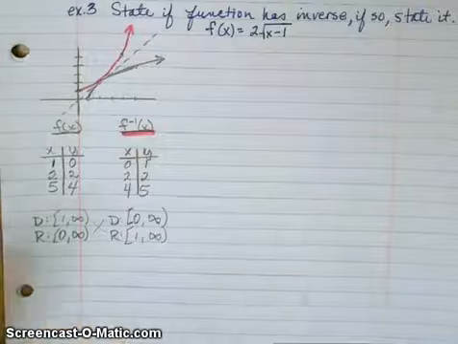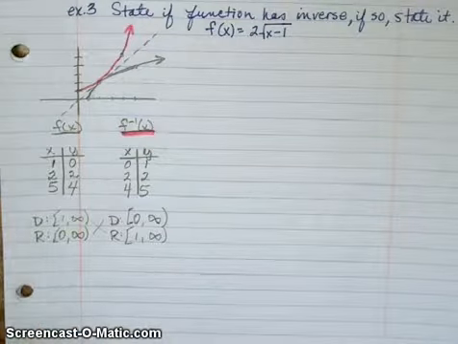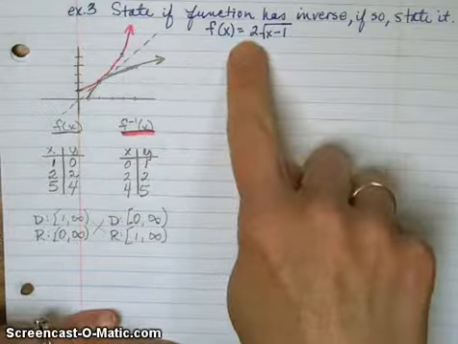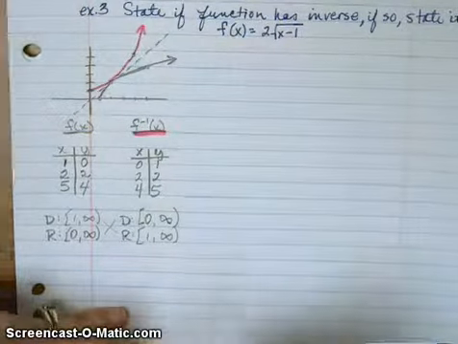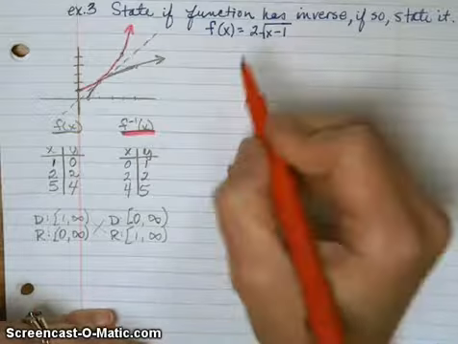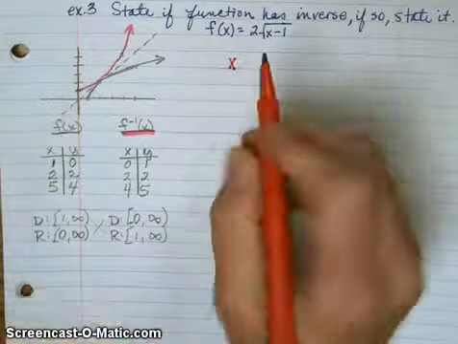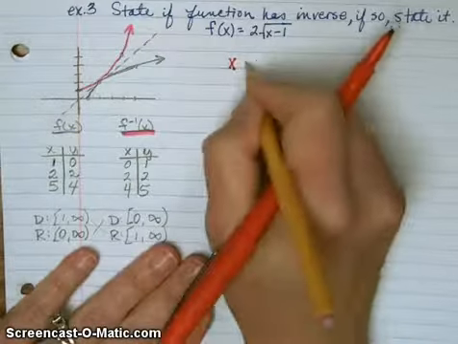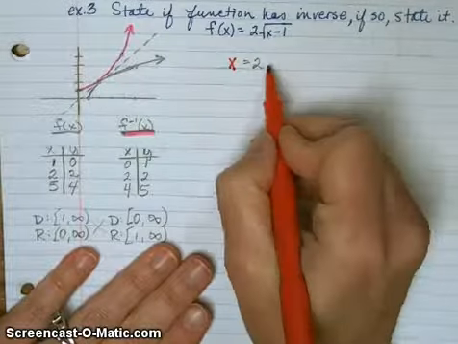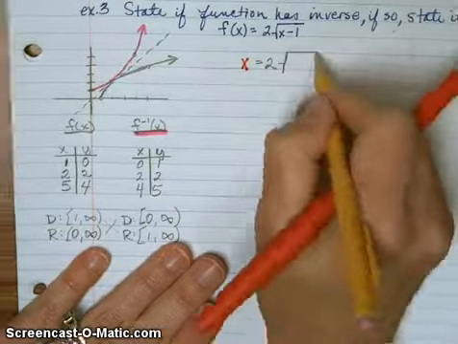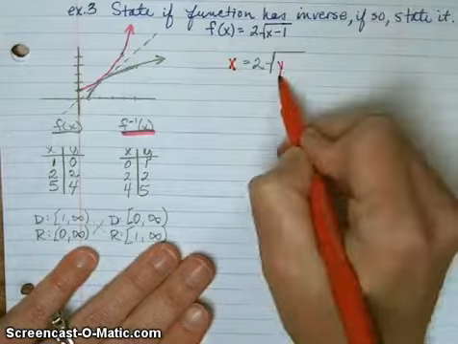If we write the equation, instead of y equals 2 times the square root of x minus 1, I'm going to write x equals 2 times y, the square root of y minus 1.